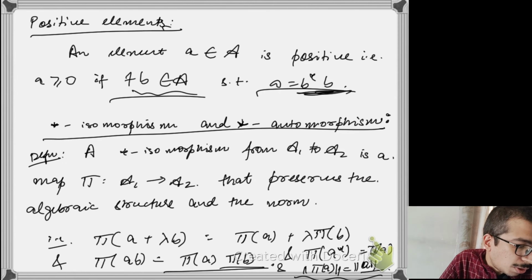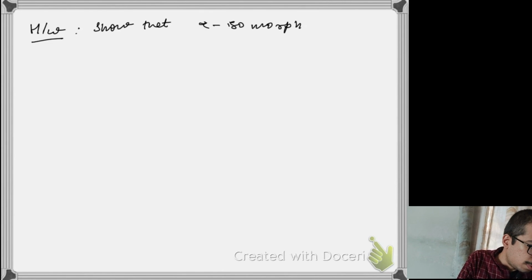So when I say isomorphism, it is isomorphism onto its range space, right? Now you need to check that. Okay, so basically I've already given you the answer, but just try writing it yourself, homework. So show that star isomorphism must be injective.